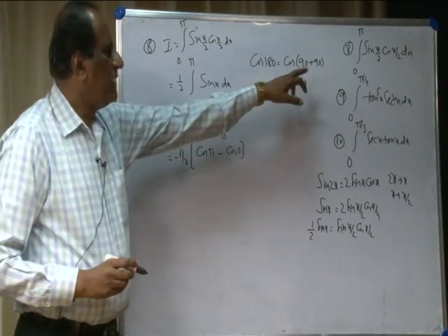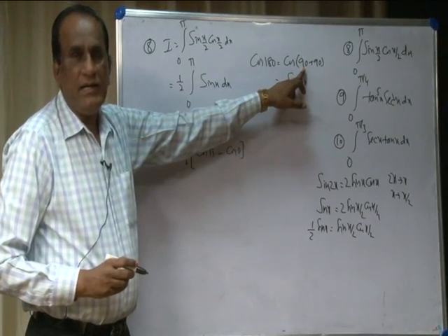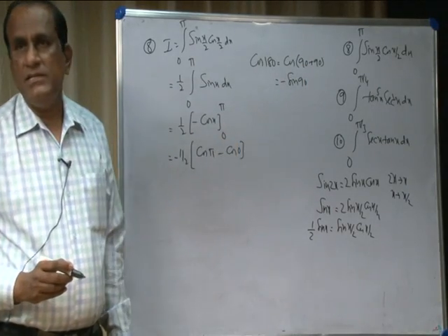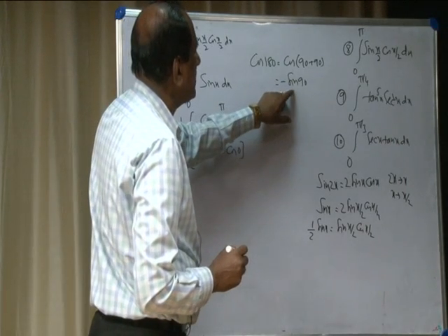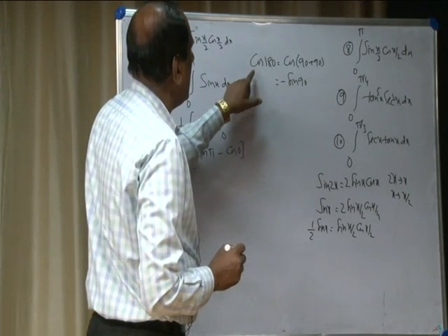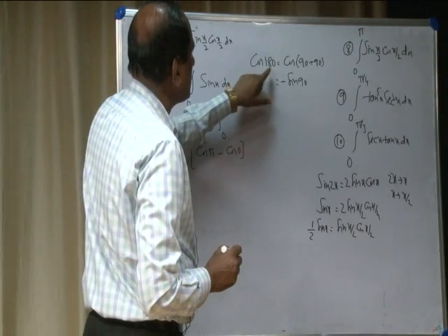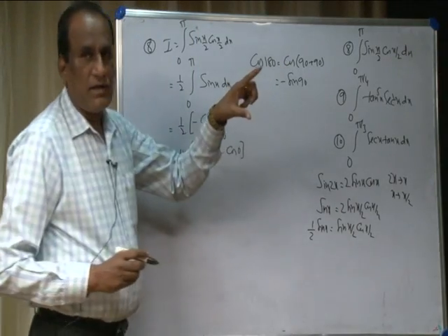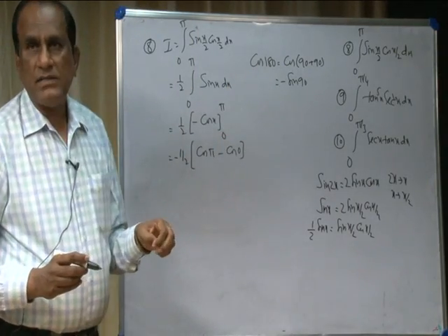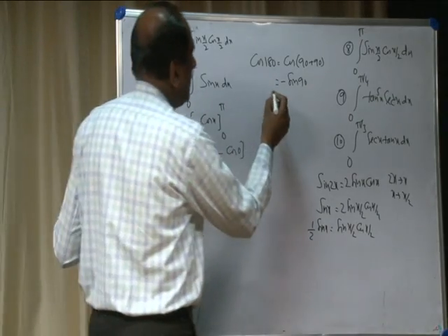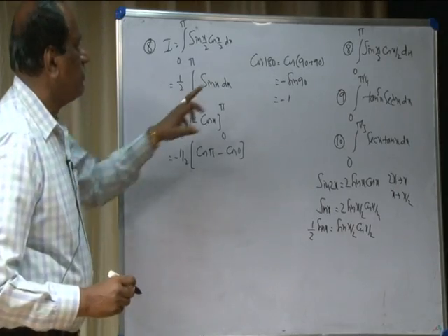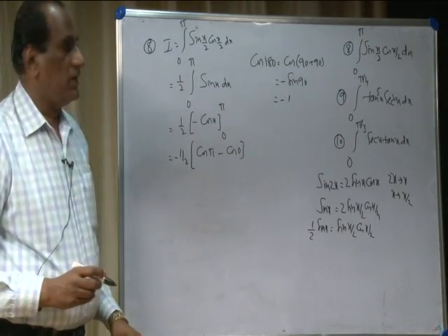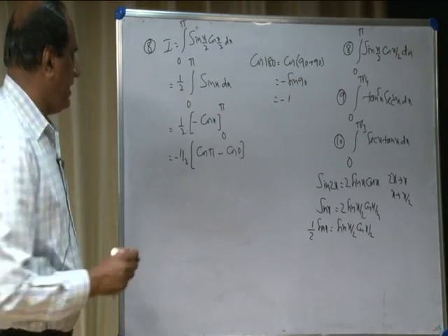If theta is added or subtracted from 90 degree, all t functions change into their corresponding co-ratios. Here cos function changes to sin function, and in both quadrants cos is negative. So, therefore, minus sin 90, which is 1. So, cos 180 value is minus 1.